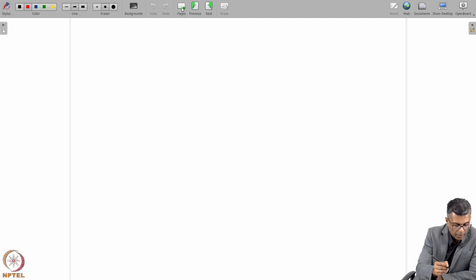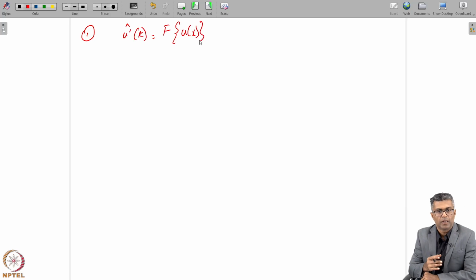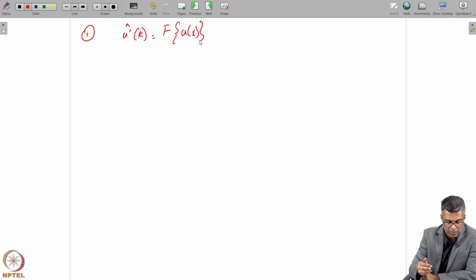Now, first part. If I take a Fourier transform of the residual, I will have u prime hat of kappa. That is going to be equal to basically the Fourier transform of u of x, by definition. The Fourier transform is defined as a Fourier operation applied on u of x.